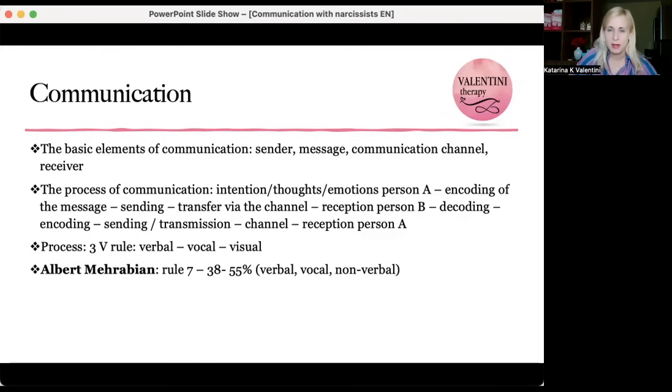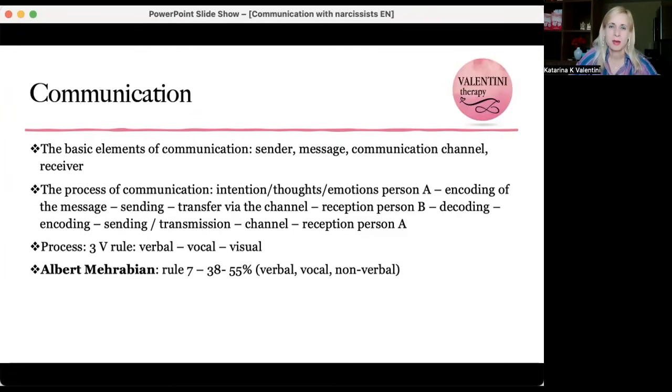Well, yes, words are important. Spoken or written words are definitely important. It's much easier to communicate with words than with any other means. But verbal communication is actually not the most important part of communication.